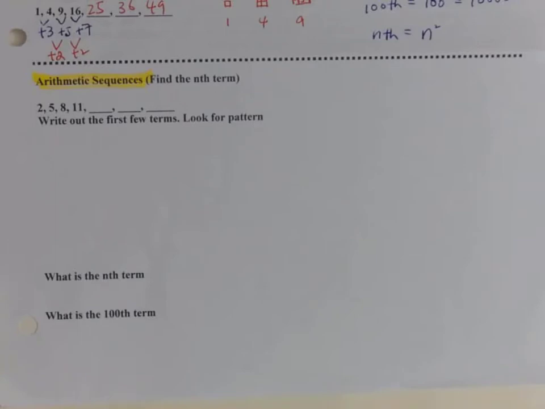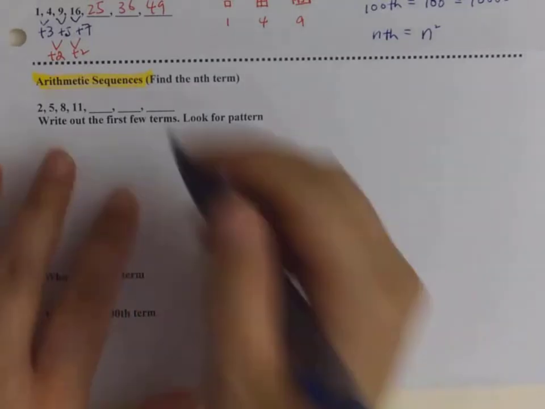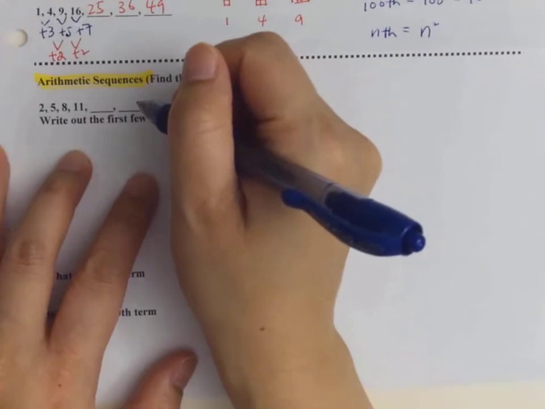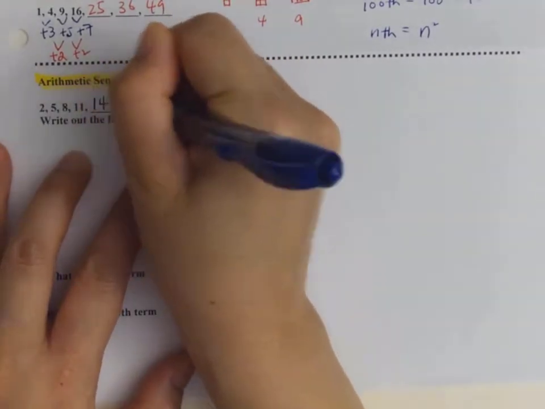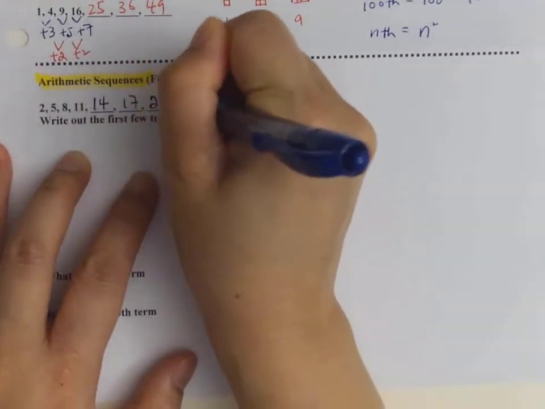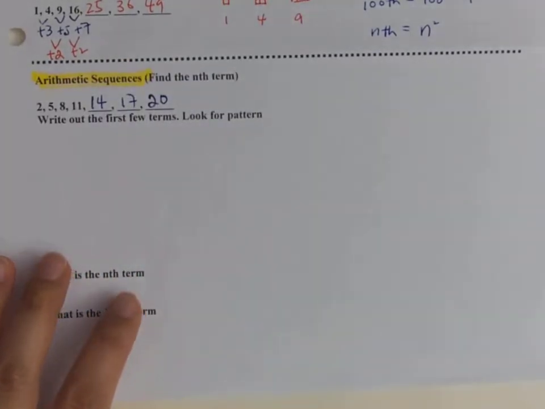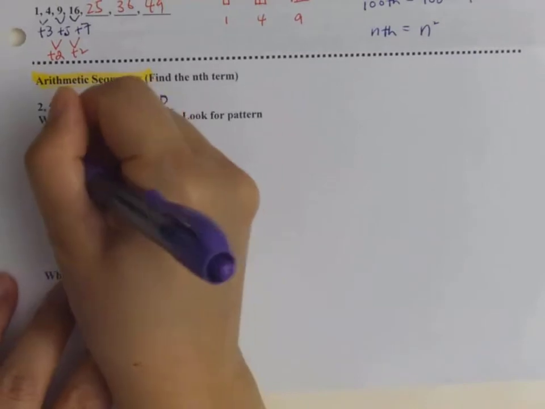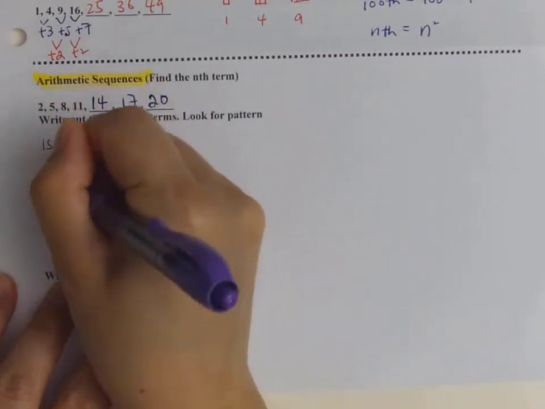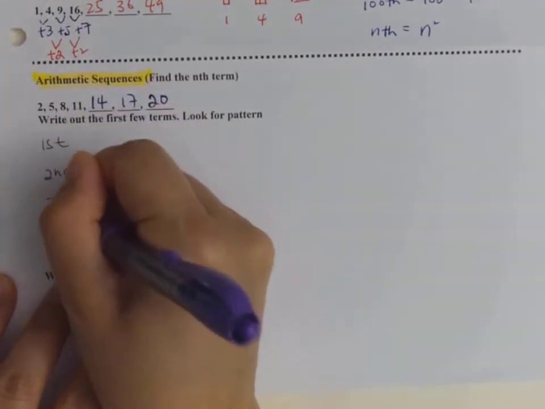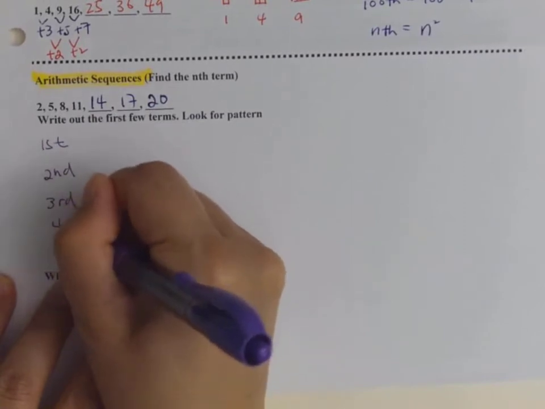We're going to use the sequence we just did because we know the numbers, right? So we have 2, 5, 8, 11, 14, 17, and 20. And we're going to do some analysis by writing down the first few terms.